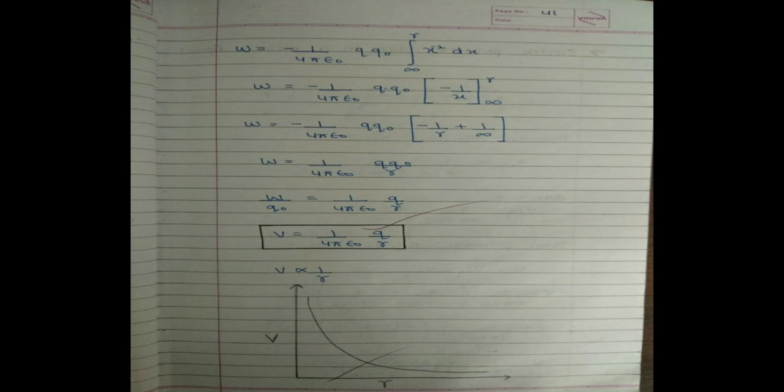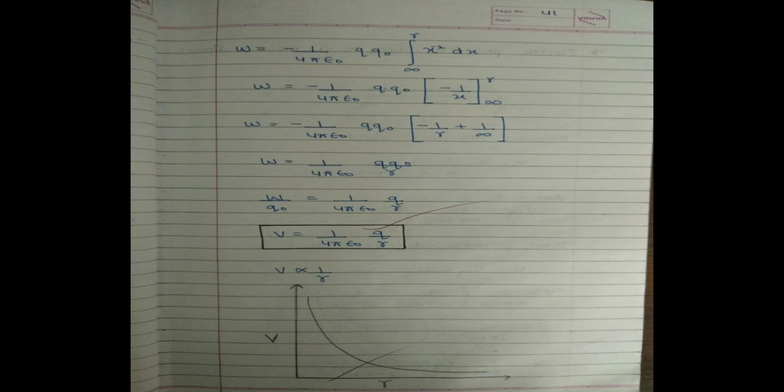Now here we have to keep in mind that potential V is a scalar quantity. So in numericals, whenever we have to find the value of V, we will put the value of charge Q with sign. That means if the charge in the question is positive, we put plus Q, and if the charge is negative, we will put the value of minus Q with negative sign.